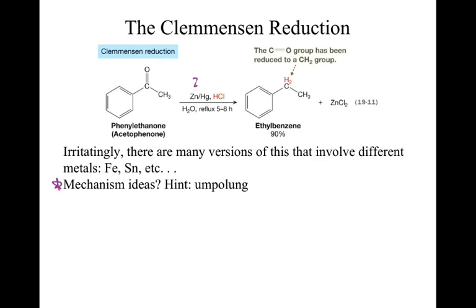Well, this is largely going to come back to the zinc or whatever metal we've got. It has electrons. Those electrons do a nucleophilic attack. Okay, we can protonate. Whoops, should have protonated first. And we can end up with something along these lines.